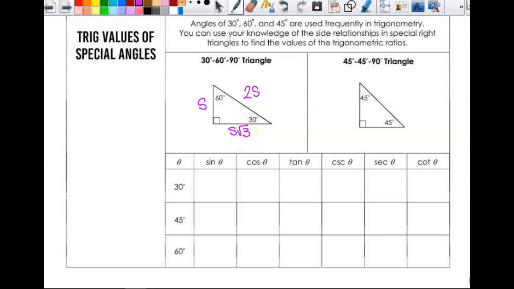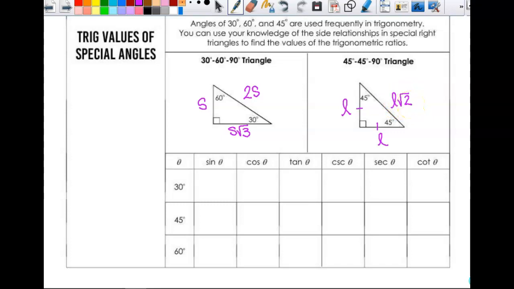Okay. In a 45, 45, 90 triangle, this is an isosceles right triangle, right? And the two legs are the same length, so there's not a short leg and a long leg, so we're going to use L. So this would be L square root of 2. Okay.